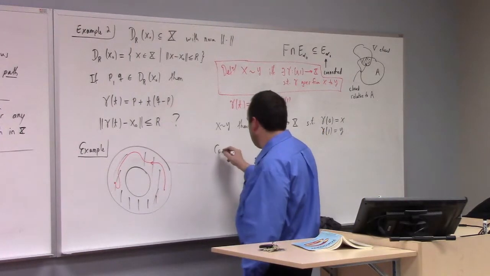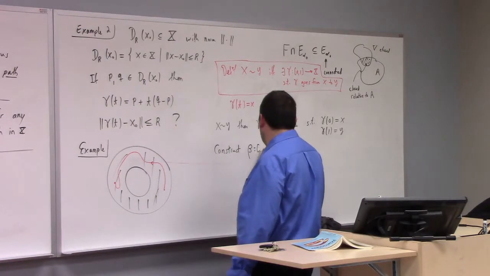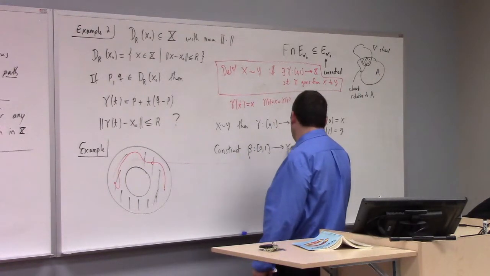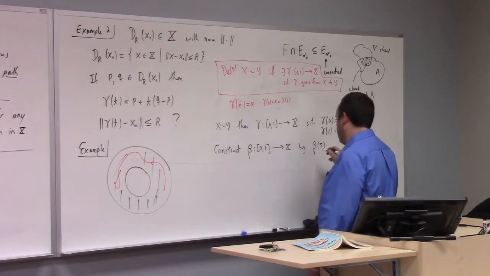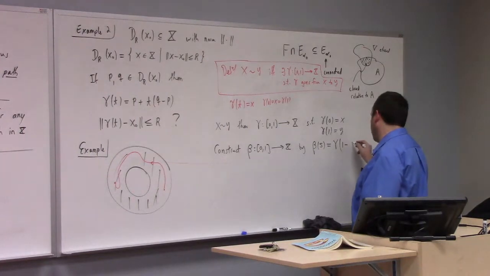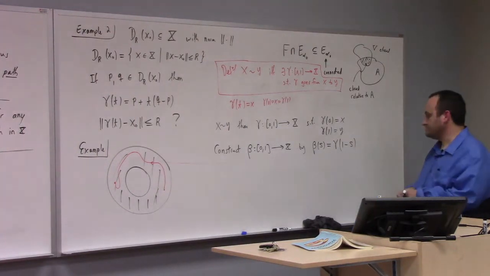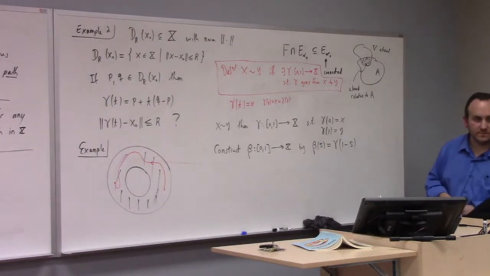I need to construct beta from [0,1] to X by beta of s, let's say, equal to gamma of 1 minus s. This is the reversal of the curve.